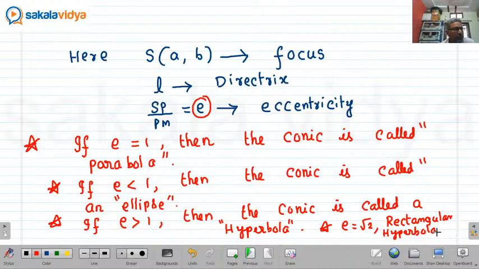So this is the basic concept of the conic that I have simply discussed, though I didn't discuss how the conic section actually evolved. Next, let us move to the next concept.